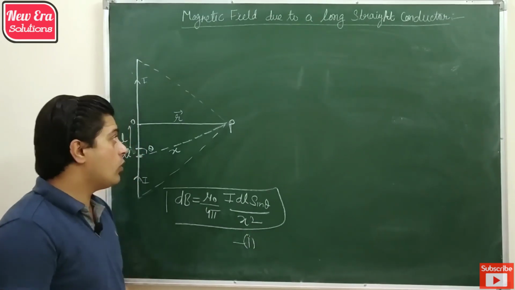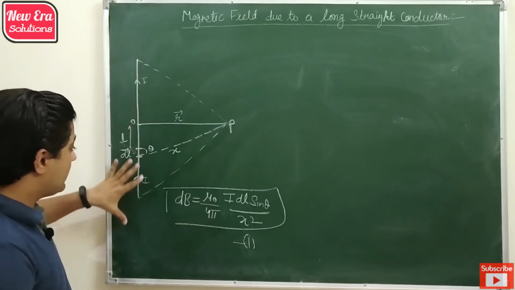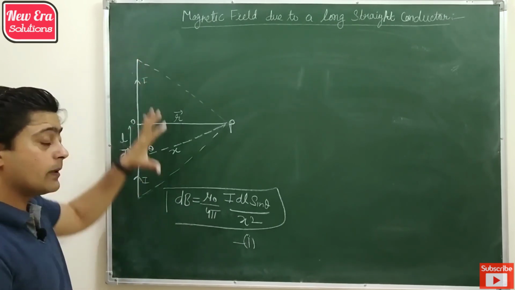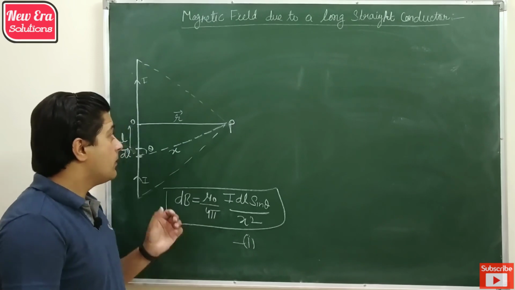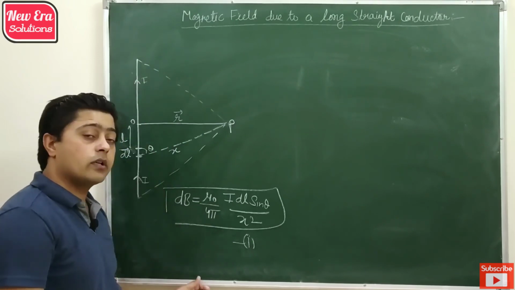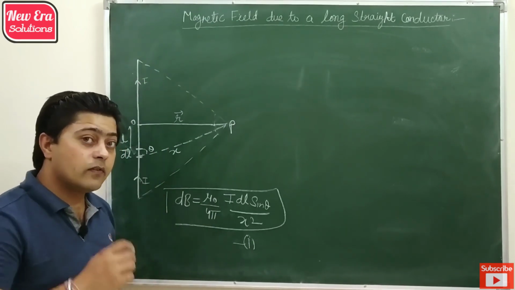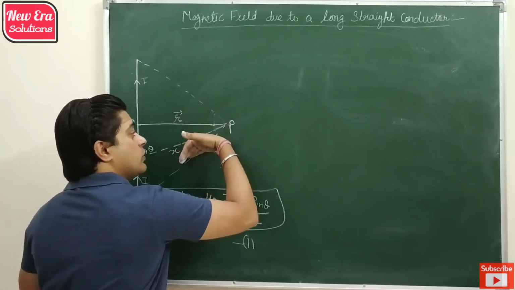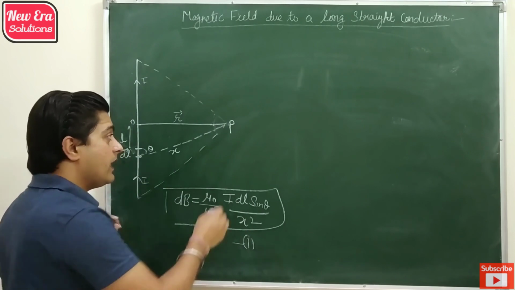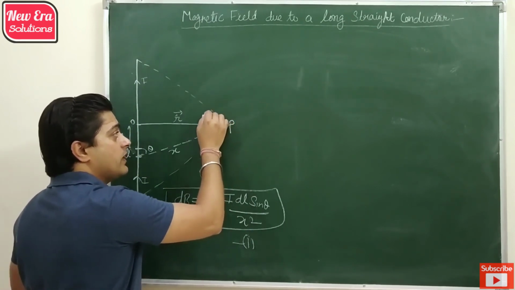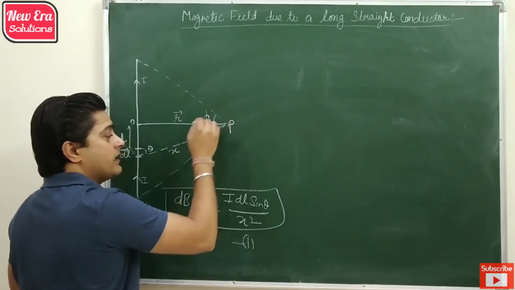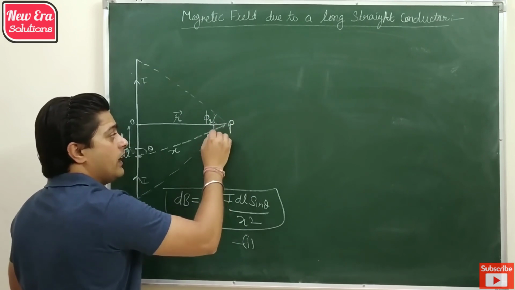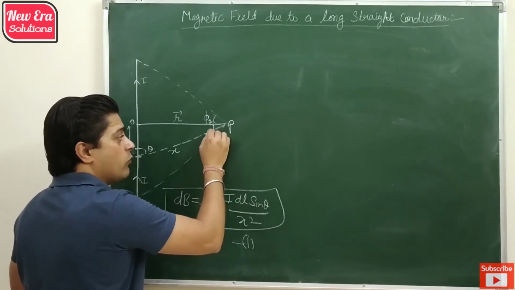As we know, we have to calculate the magnetic field due to the complete current element, but its length is not given. Then to cover the complete element from point P, we can assume an angle and divide it into two parts with different limits, that is phi 2 and phi 1.